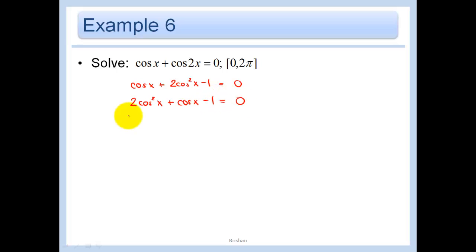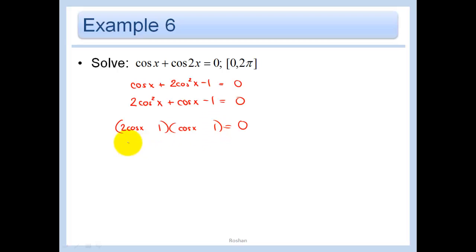And now I'm thinking to myself, maybe I could factor this, because this is like 2x squared. So I could have 2 cosine x times cosine x. That would make 2 cosine squared, right? And then how do I make a 1? A 1 and a 1.